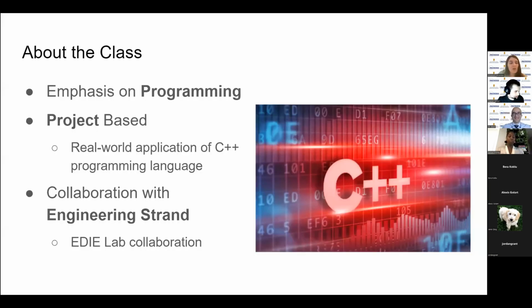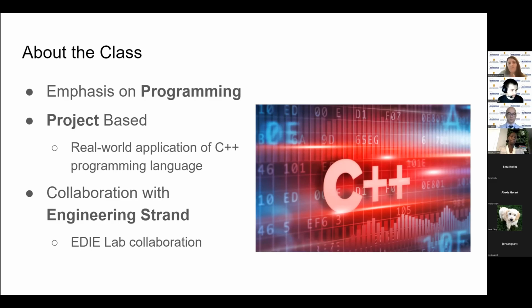So the class will focus on programming. However, in this case, unlike in Dr. Badir's class, my course will focus mostly on the C++ programming language. It'll be focused more on the advanced programming portions.